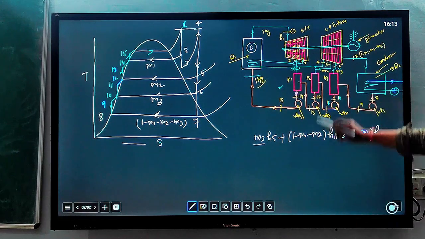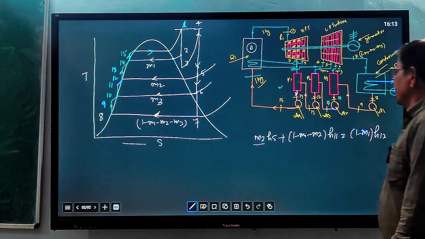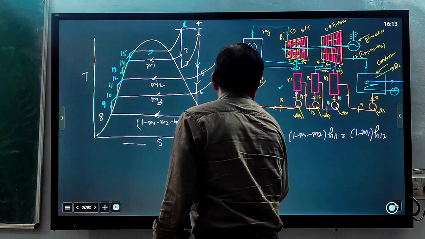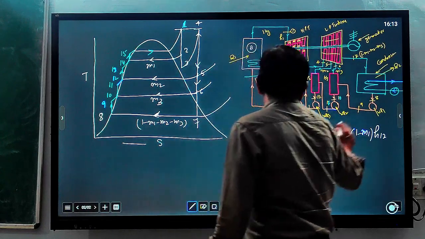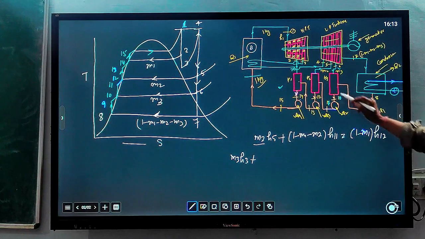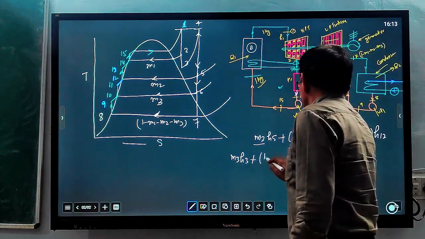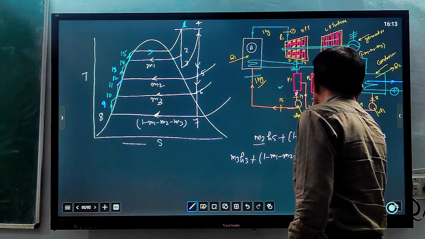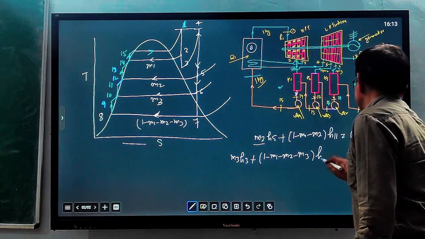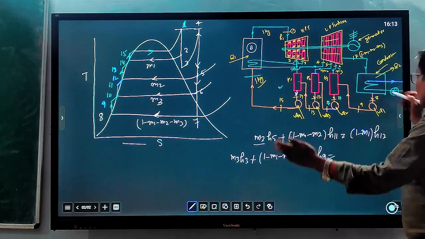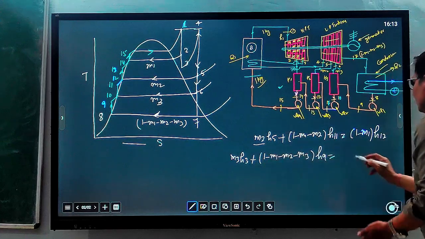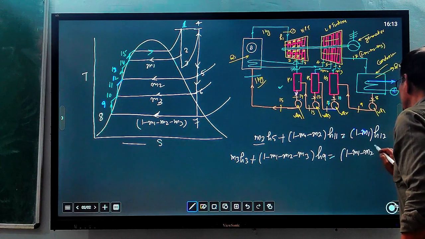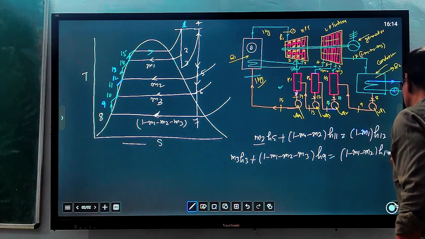Same thing applies for the energy balance equation for heater number 3. For heater 3 you can write the equation: M3 into H3 plus, from here pump 8 will supply (1 minus M1 minus M2 minus M3) into enthalpy H9 equals, when M3 mixes with this quantity, the remaining quantity will become (1 minus M1 minus M2) at enthalpy H10.